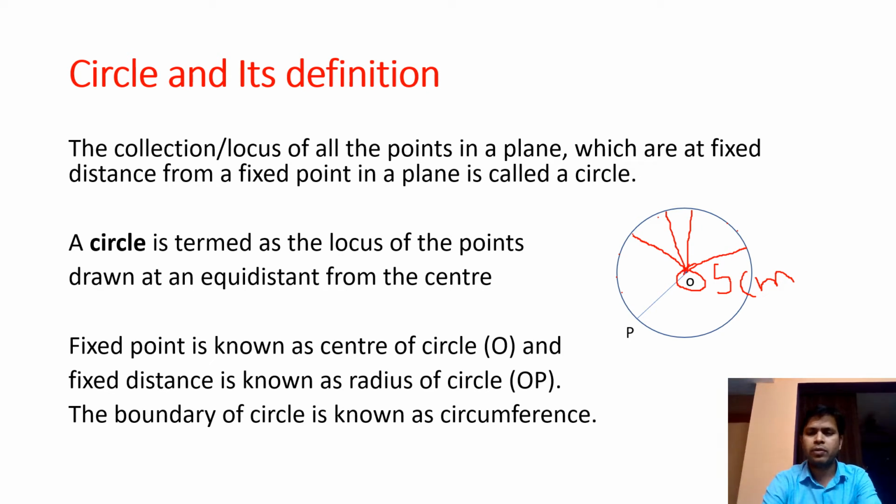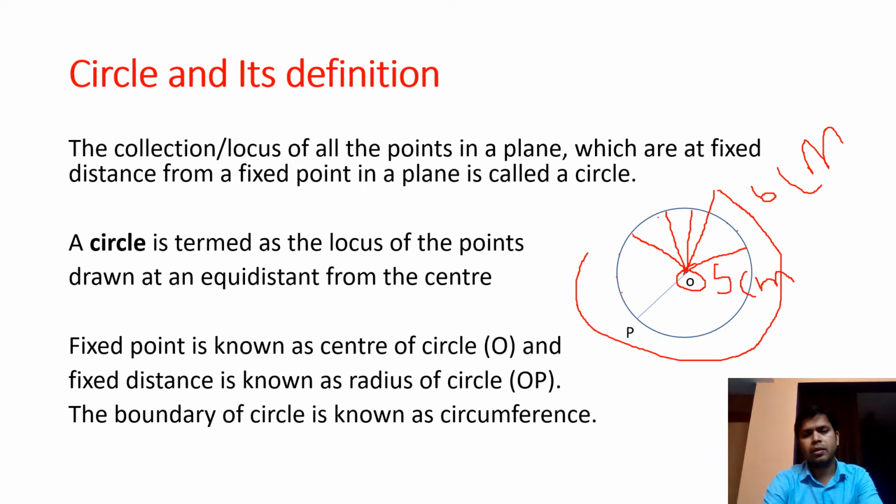We can also have a circle with a radius of 6 centimeters. We can draw a circle of radius 6 centimeters. It is not looking like a circle here, but if we draw on our copy or with the use of our tools, then we will get the same circle.